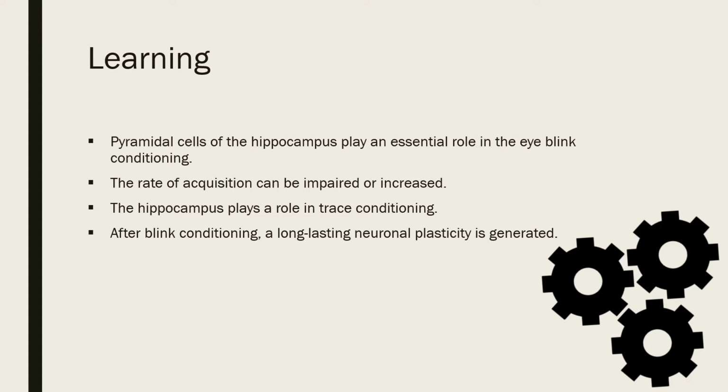And the hippocampus plays a role in trace conditioning. This is when a short interval is imposed between the conditioned and an unconditioned stimulus. After eye blink conditioning, a long-lasting neuroplasticity is generated in the hippocampus, which is needed for the learning process in the trace eye blink conditioning.